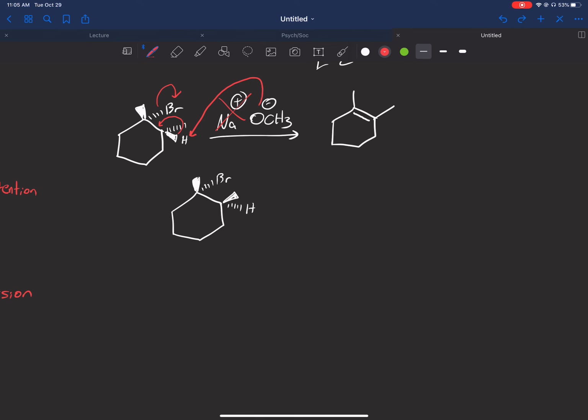So what we would do now is go to the hydrogens to the left, because we know that one of them would be wedged, one would be dashed. So the OCH3 minus would actually grab one of these to collapse downward and kick out the Br. And remember, it would grab the wedged one. So in this case, our product would really look like this, with that dashed hydrogen. Okay?